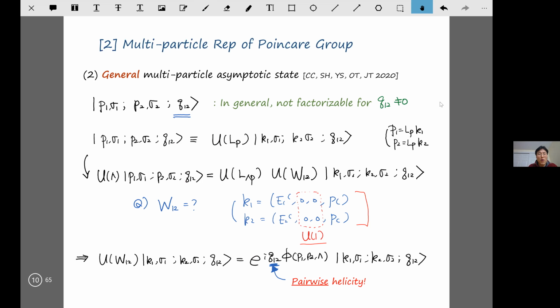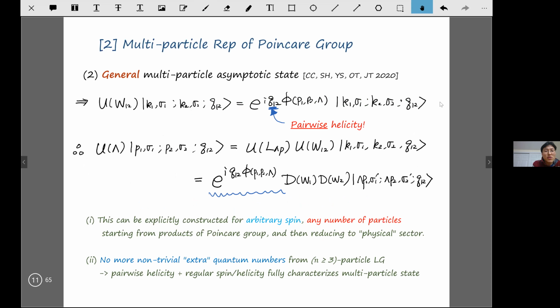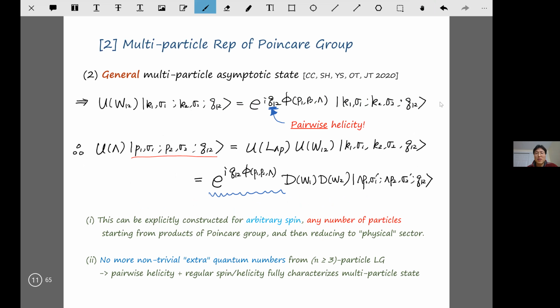Okay, so the point here is that if I take a general two particle state, in addition to the usual momentum and spin of the individual particles, there is a pairwise label, which is characterized by the momentum of both particles.